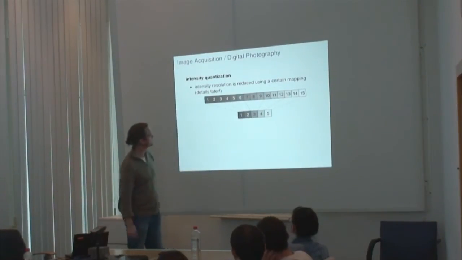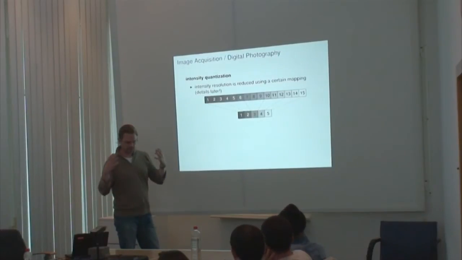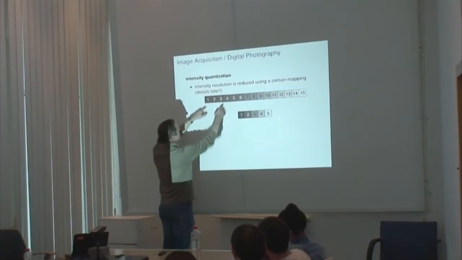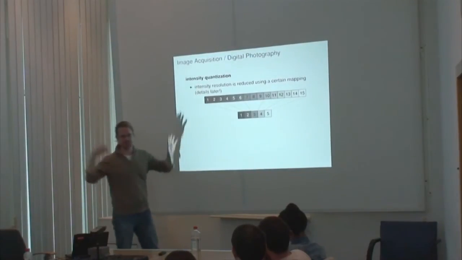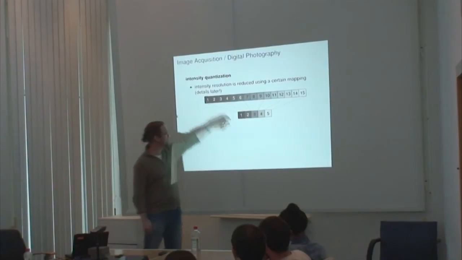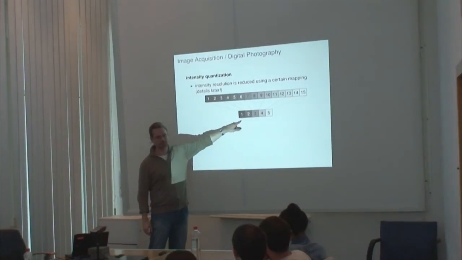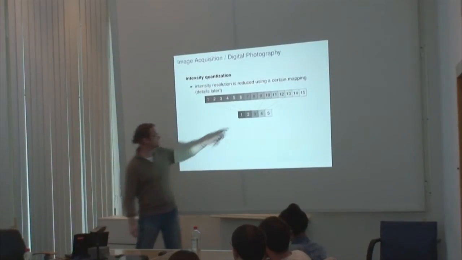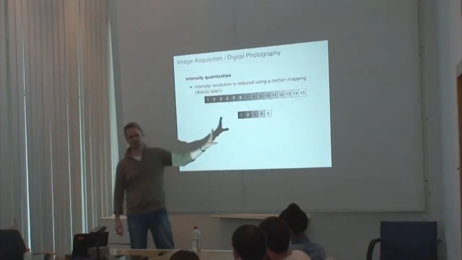Instead of looking for these numbers, what digital cameras do is they say everything that is, say, between 1 and 3 electrons, which you have to multiply with large numbers, say 10,000 or whatever, is represented as color value 1. And everything between 4 and 6 electrons is represented as color value 2, and so on and so forth.